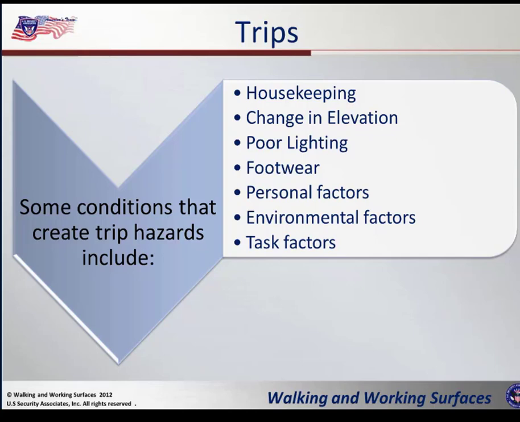Are you on crutches? Things like this. Environmental factors. Here we go back to the weather, the rain, the ice, anything like that that could create an environmental factor. And task factors. What are you doing with your job? Are you trying to clean up snow off of a sidewalk? Is there ice on the road? Things like this. Things that could cause you to slip, trip, or fall.